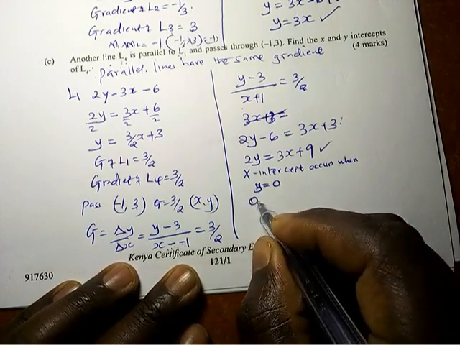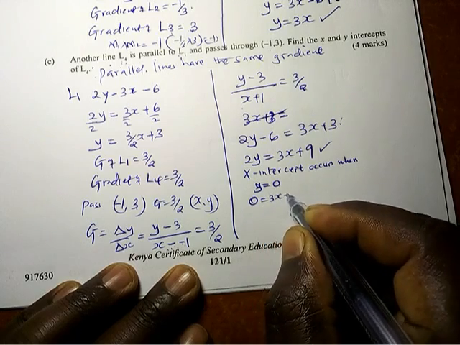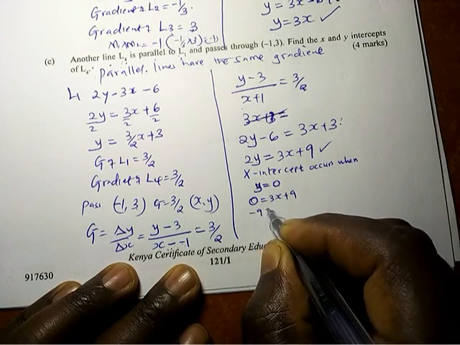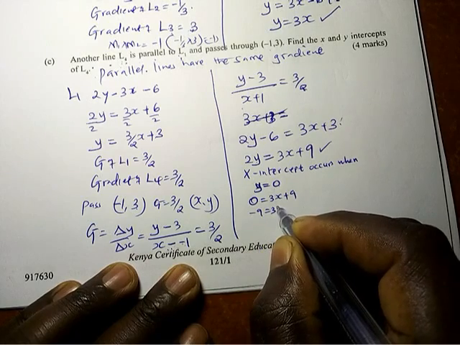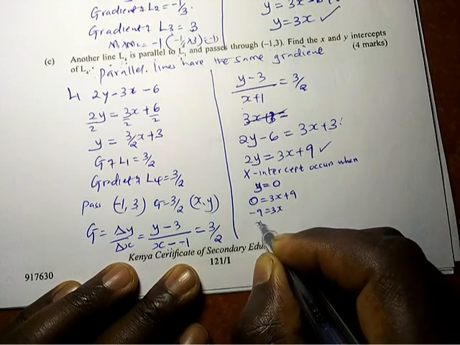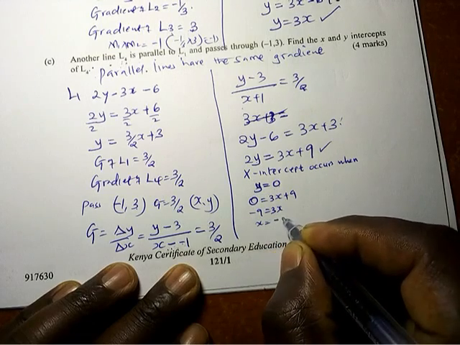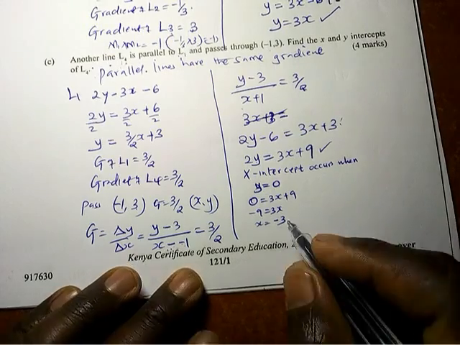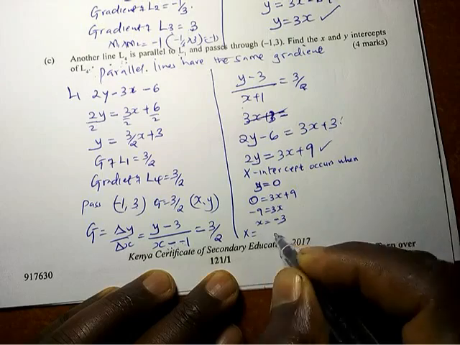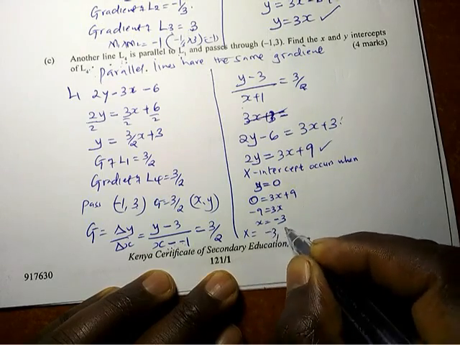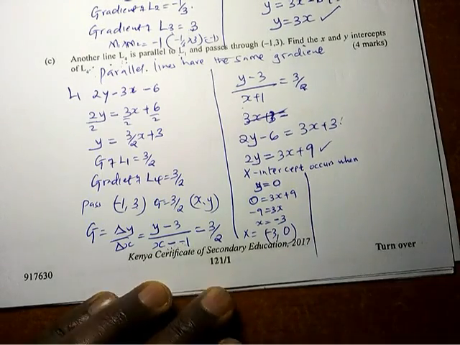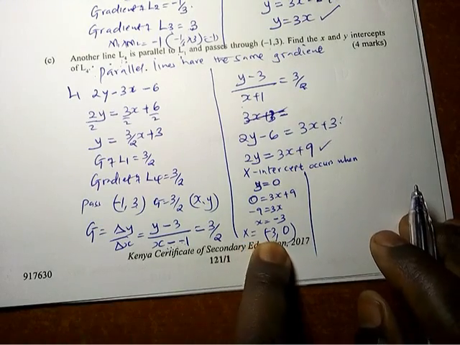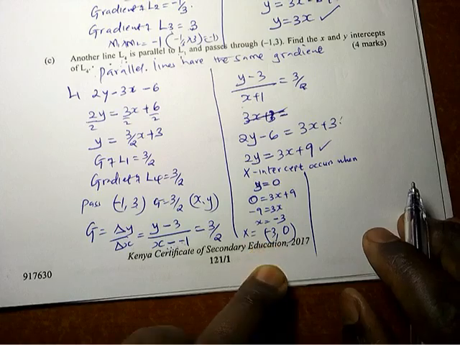So we have 0 equal to 3x plus 9. Negative 9 equal to 3x. So x is negative 3. So the x intercept is (-3, 0). That is the coordinate of the x intercept.